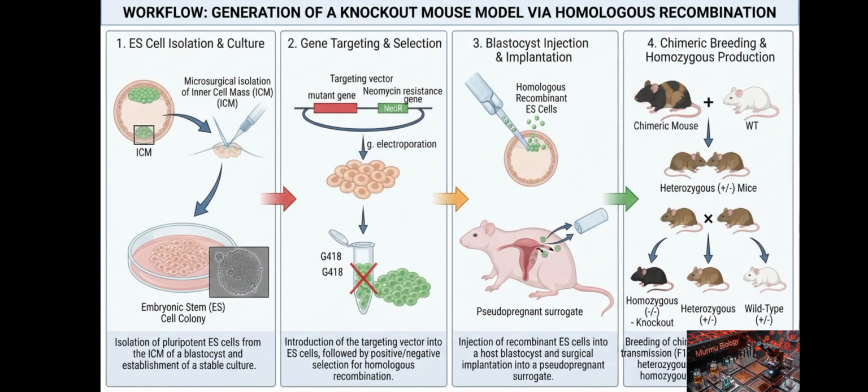With the help of CRISPR, a genetic knockout mouse or knock-in mouse can be produced. A pregnant mouse is taken, and from the blastula stage cell, the embryonic stem cell is taken out.